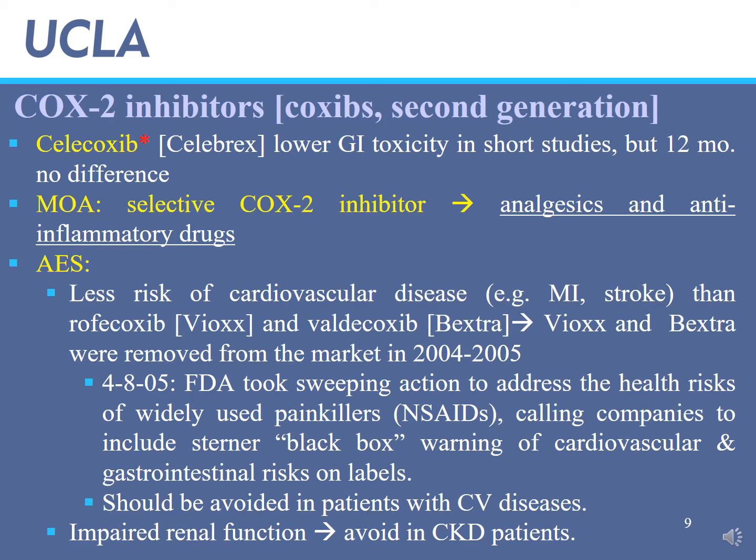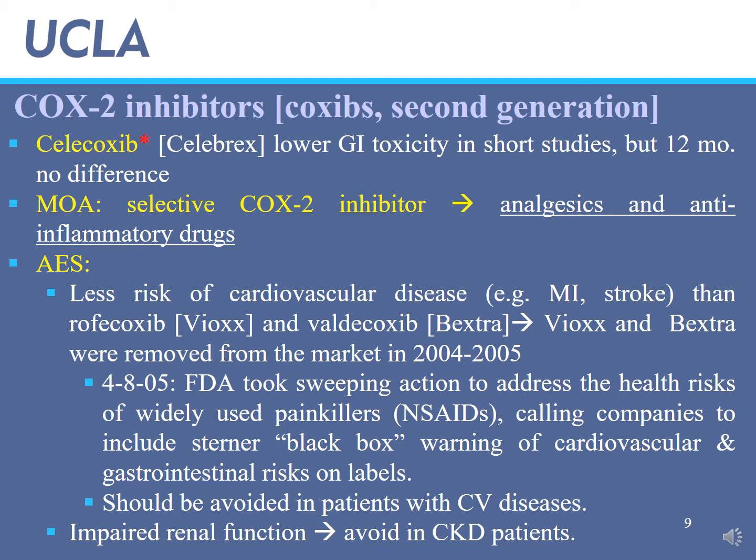Now, the COX2 inhibitors, even though there is only one that is still approved, celecoxib, Celebrex, have lower GI toxicity in short studies, but for a patient with rheumatoid arthritis using it long term, after 12 months, there is not really a difference in the GI toxicity.